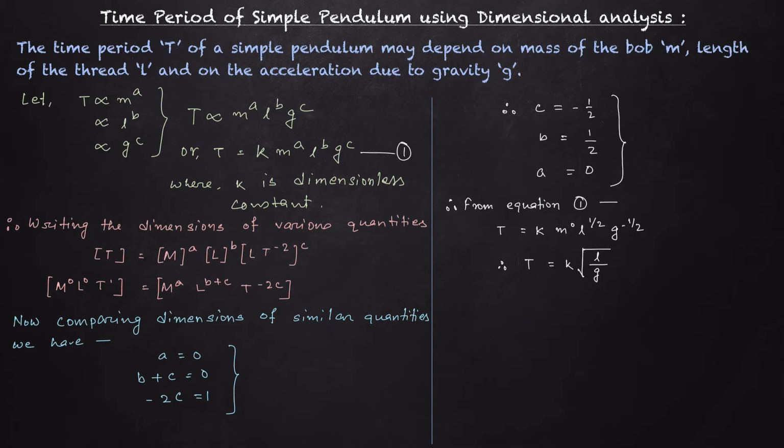Using dimensional analysis we can't determine the value of k, this dimensionless constant, but in the real case the value of k is 2 pi. So the actual expression for the time period of this simple pendulum is 2 pi root over l by g. Now let's consider another example.